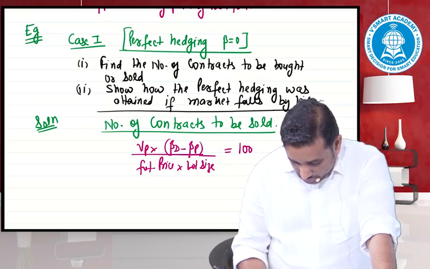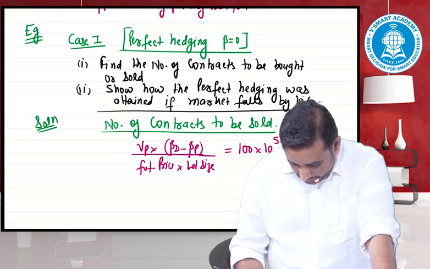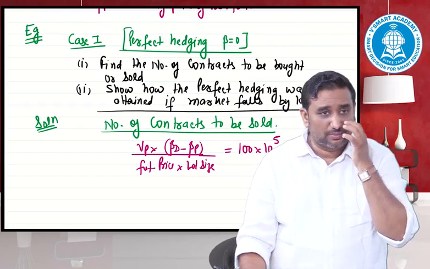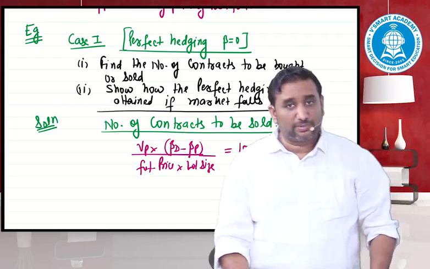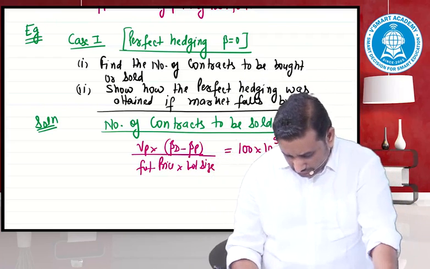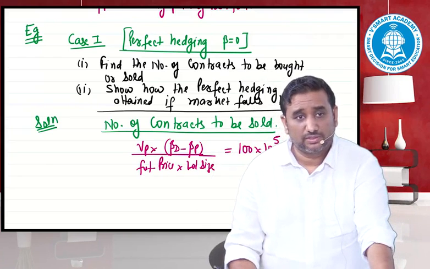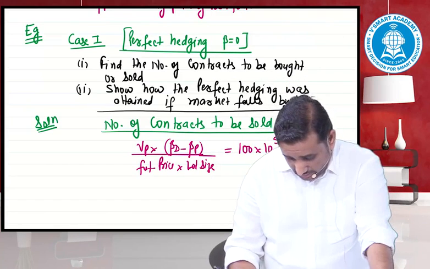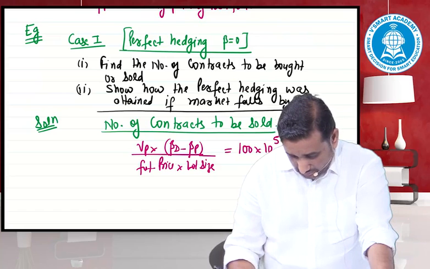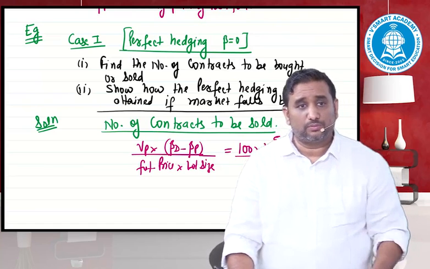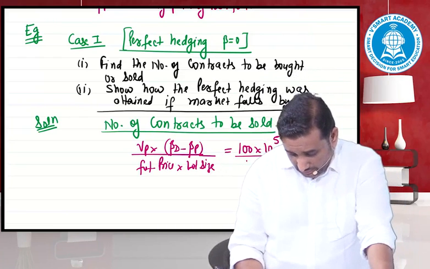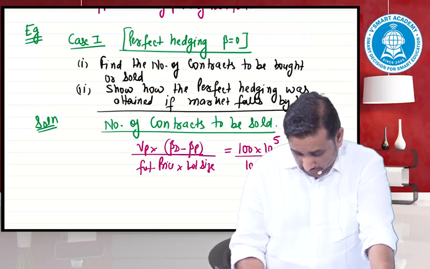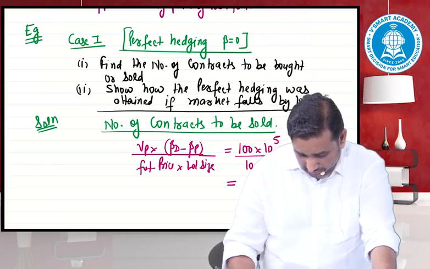In lakhs we have 5 zeros, so I'm putting 100 into 10 to the power 5. You can put 100,00,000 also. 100 into 10 to the power 5 into beta desired 0 minus 1.5, divided by future price 10,000 into 100. Tell me what comes out.